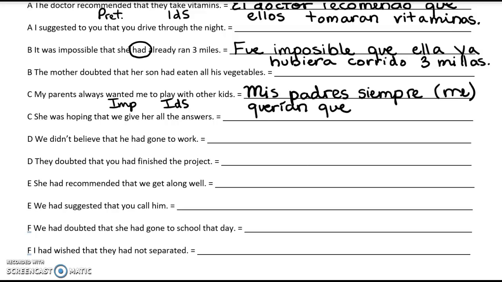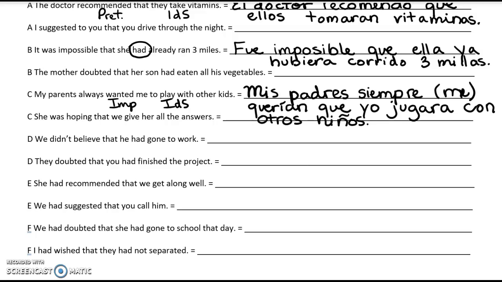Okay, yo jugara. There's your ra ending with other kids. Con otros, I'm running out of room. Niños. Okay.